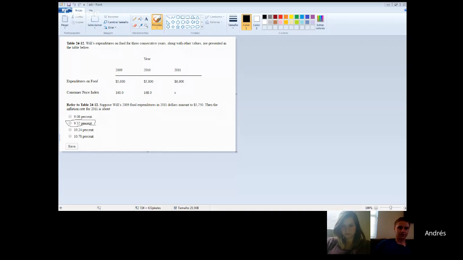Let's see. So yeah, it was the formula on page 226, which is amount in today's dollars equals amount in year T dollars times price level today divided by price level in year T. Can you repeat the formula, please? Yeah, do you have your book open? On page 226.